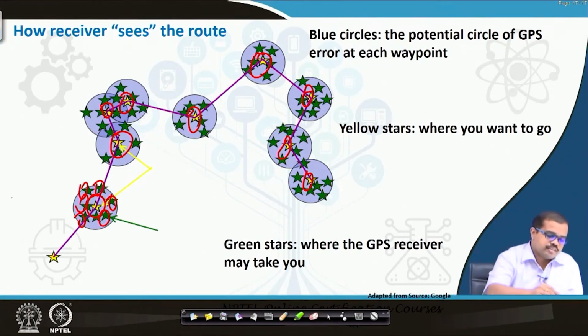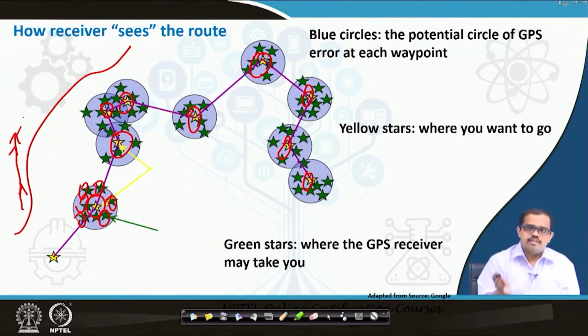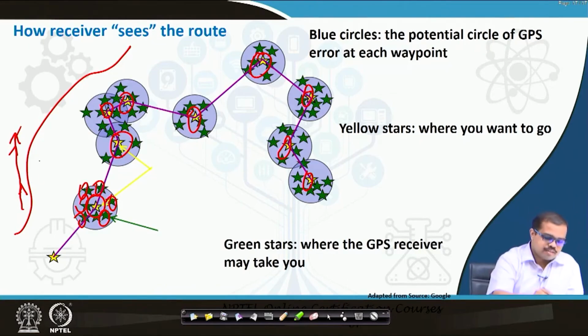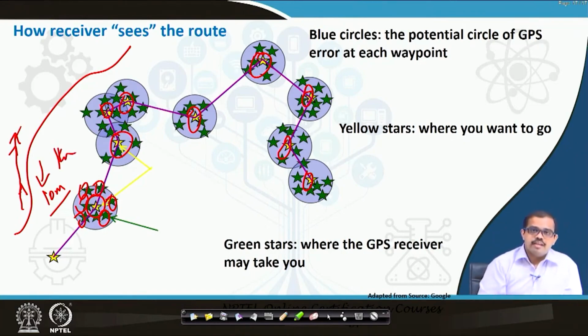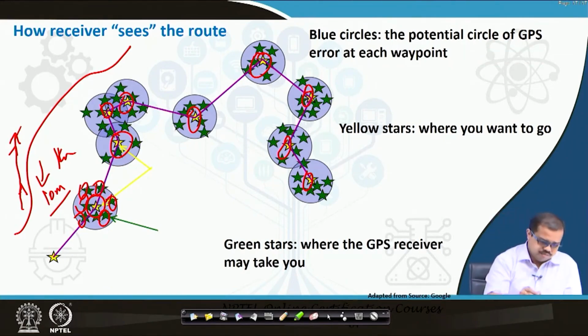That is why when you are navigating this route, the receiver would sometimes be next to the road, or it may say there is an error of 10 meters, 20 meters, or 1 kilometer. That is the adjustment error you have to make in the way you are navigating. It looks at all of these points.